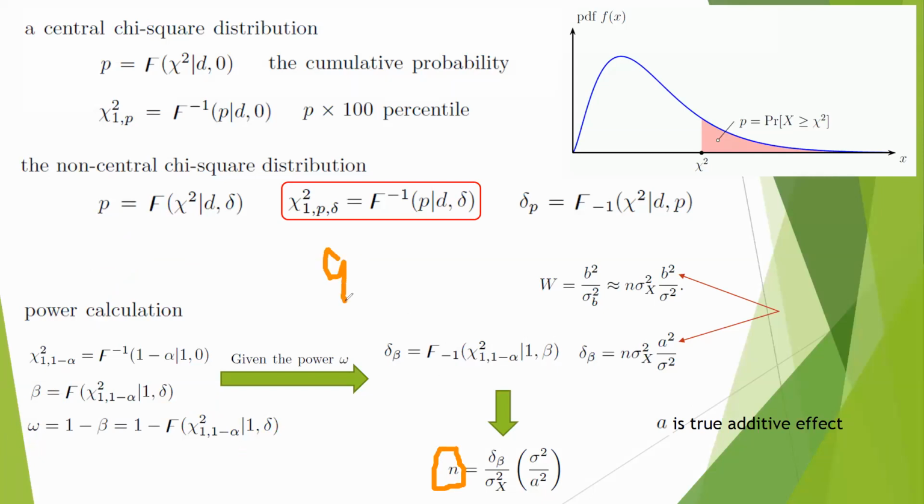To achieve power of 0.9, suppose. If our alternative hypothesis is true, what is the probability for us to successfully reject the null hypothesis? So if we want to achieve the power of 0.9, what is the required sample size? So this is how we calculate this.